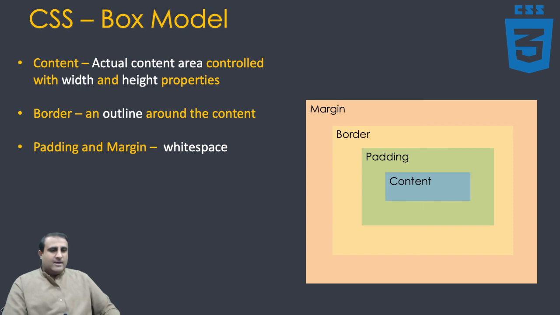Then we have the outline around the content area, that is called the border. And finally we have two kinds of spaces, the padding space and the margin space. The padding space is between the border and the content area, and the margin space is around the border, so between the border of the element and the parent element in which the element resides.